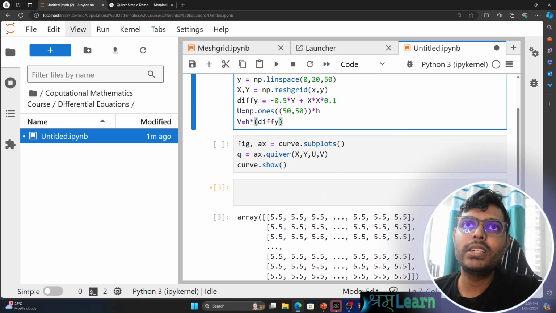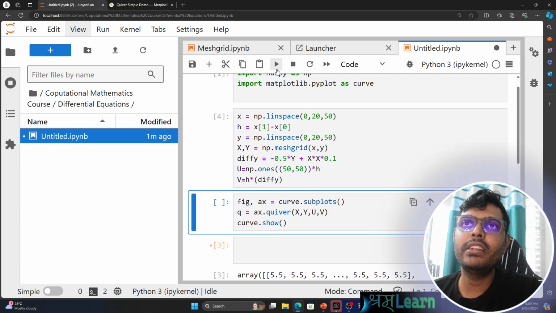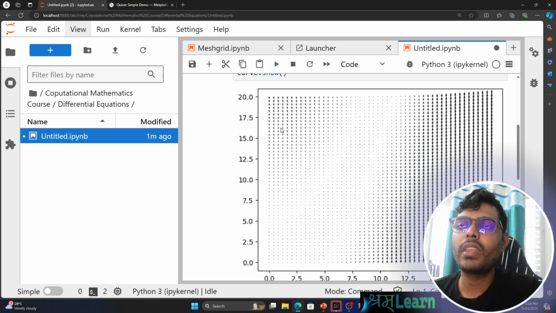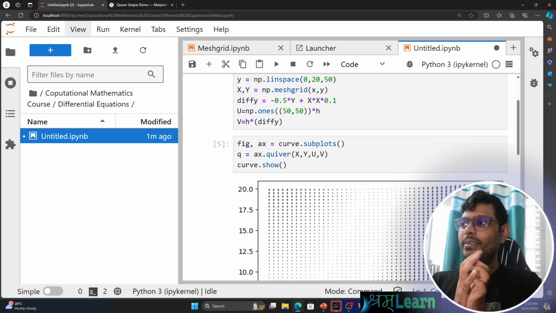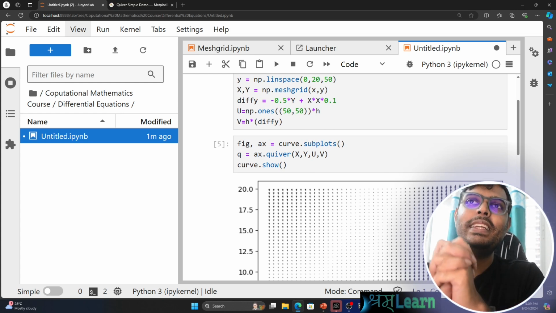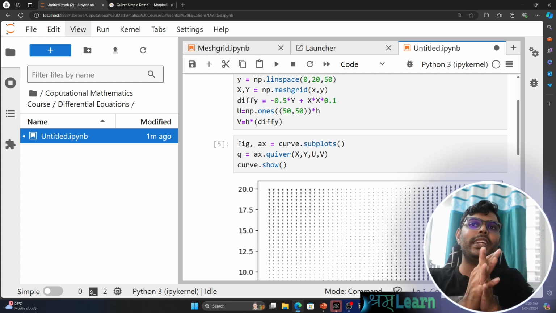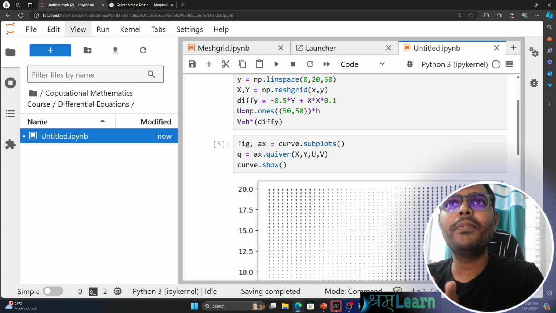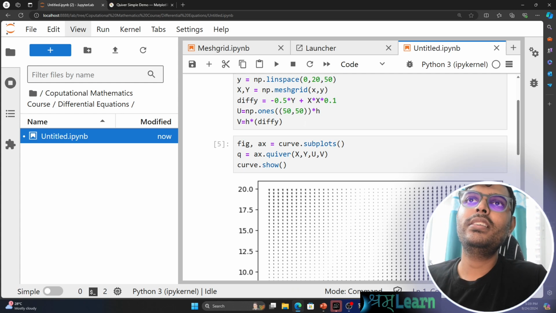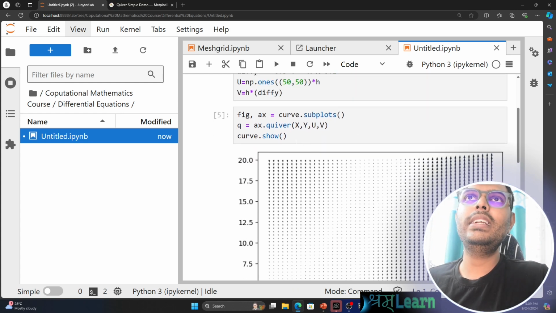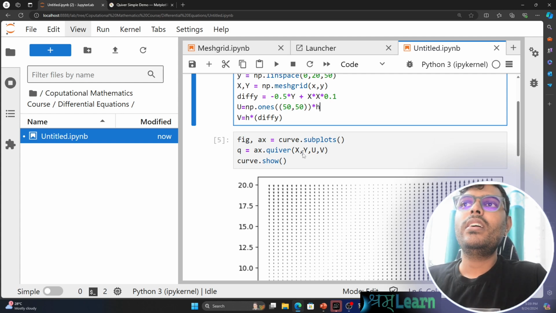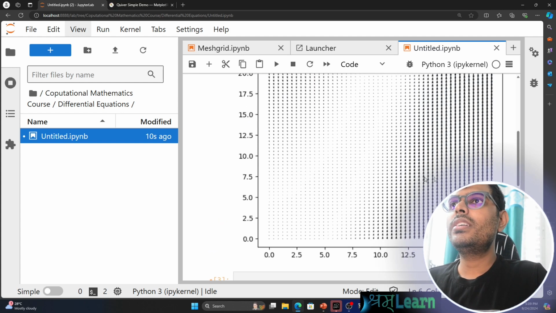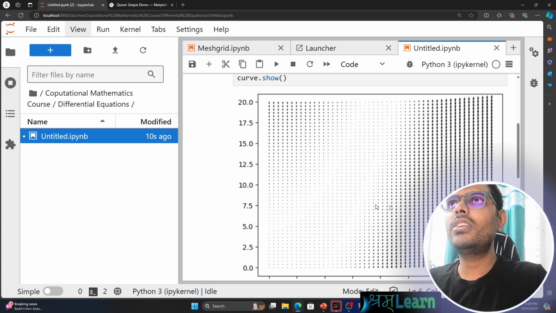So let us go ahead and see, are we able to plot? We did manage to plot, but the problem is that x component is constant, y component is increasing, so the vectors are not uniform.